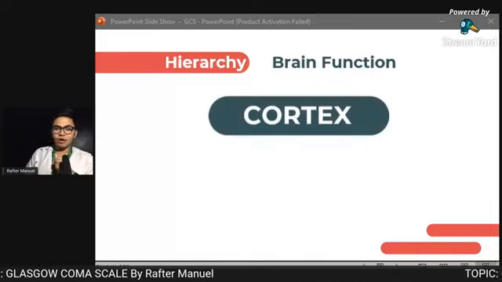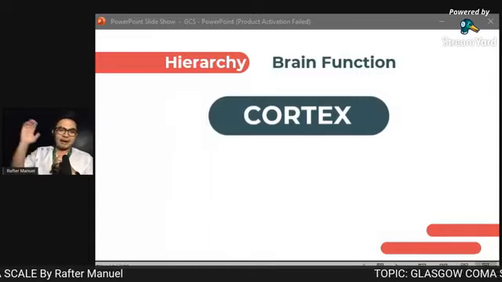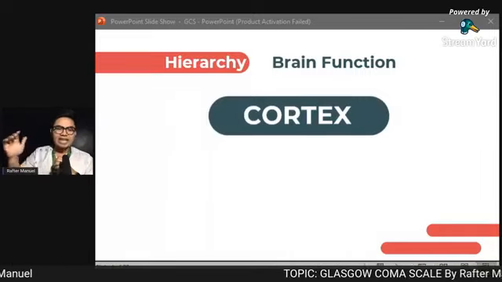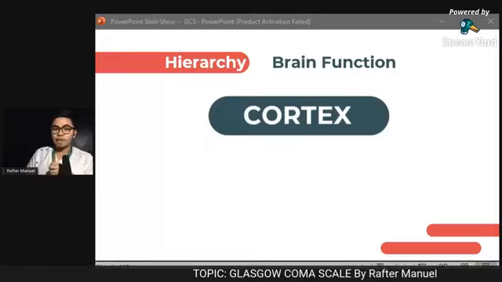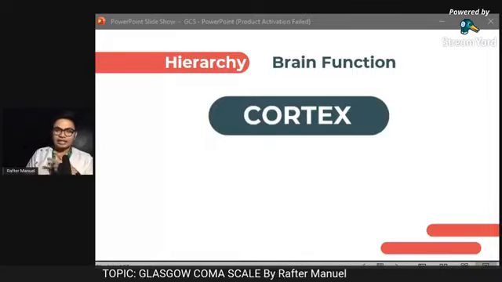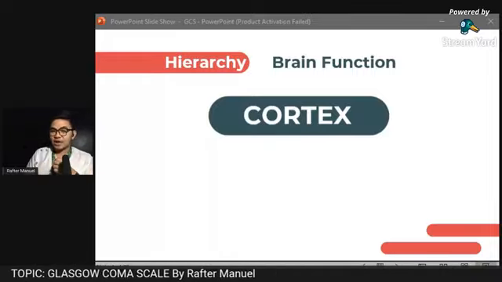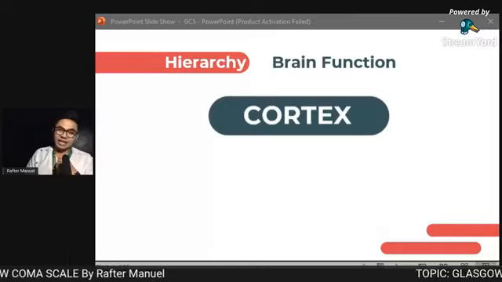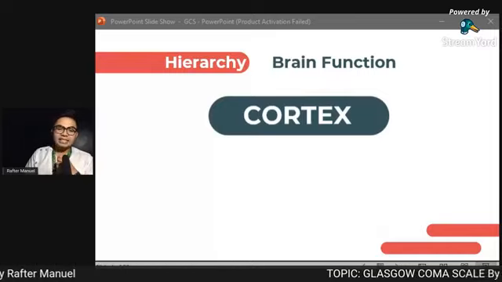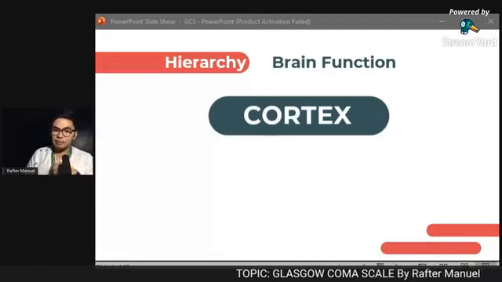Unang-una, let us see the cortex. The very top, the highest level, is our cortex, or yung tinatawag na cortical processing, or cortical thinking, ika nga. It's the highest level processing that our brain does.